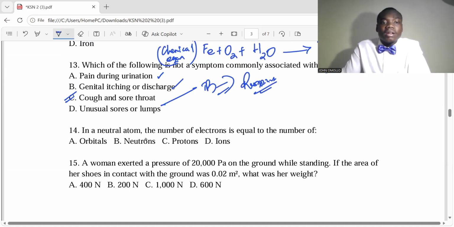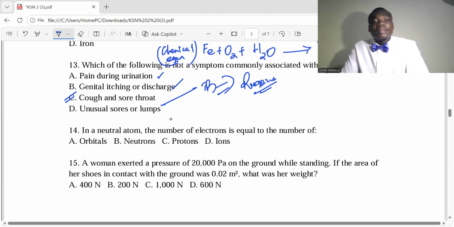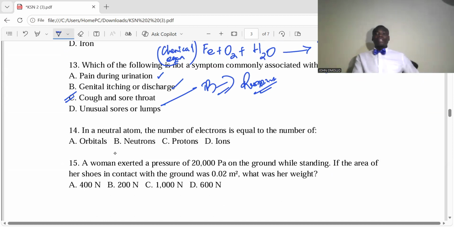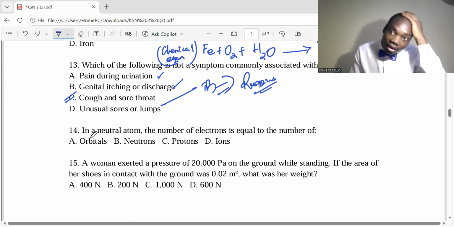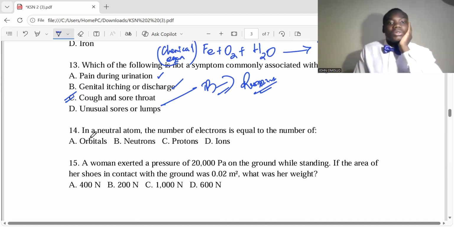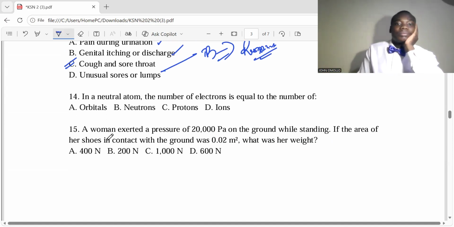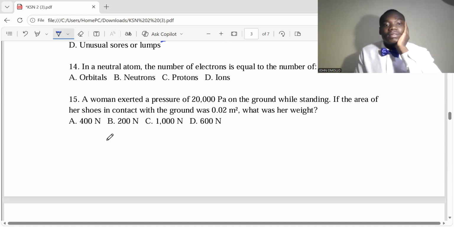So for any respiratory illness, there must be cough. So in that case, our answer there is choice C, which is the odd answer. Unusual sores or lumps, that is true, particularly to syphilis, it is all over.